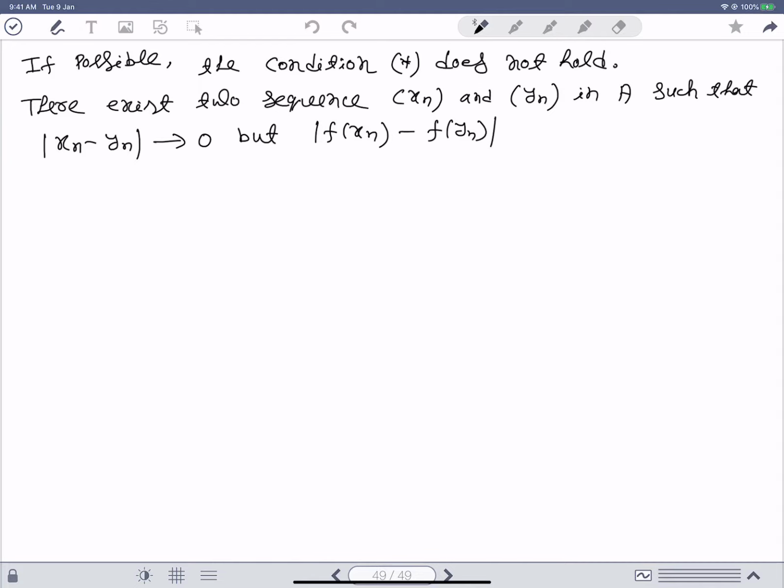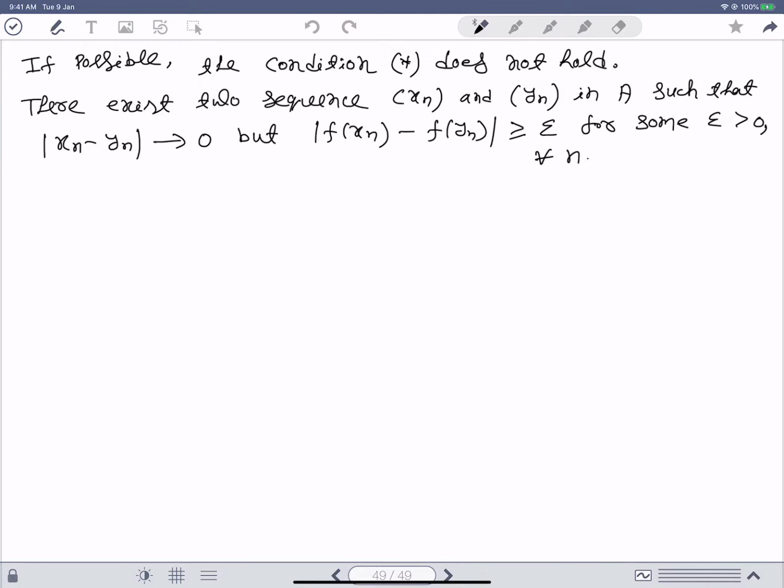So we can write this is greater or equal to some number epsilon for some epsilon bigger than 0. Okay, and this is true for all n. Why can we write that? See, mod of f of xn minus f of yn does not converge to 0, right? That means, since this is a positive number, this sequence either diverges to infinity or it is an oscillating kind of sequence.